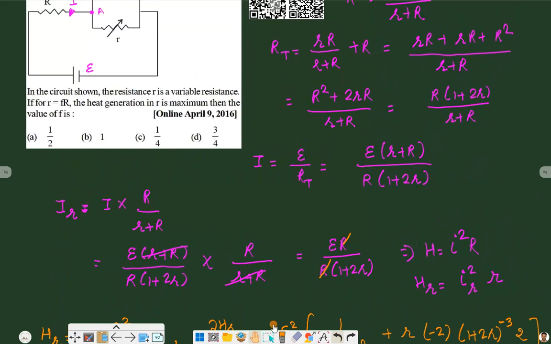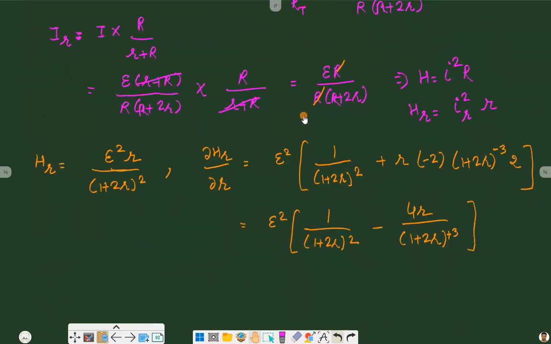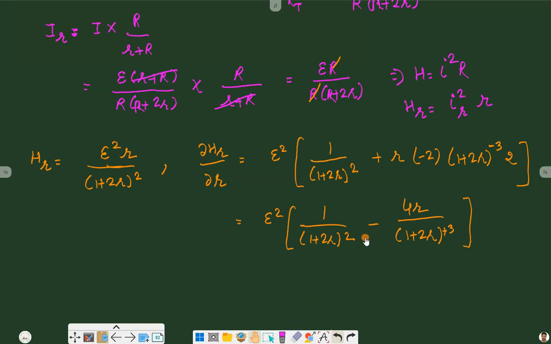Okay, yes, I found the mistake: while taking common, it should be R. If we equate this to 0, we would be left with only small r, and while finding the value we need some other term to be there.